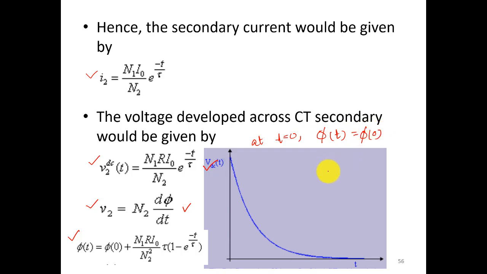By substituting this initial condition, we'll find the final equation: phi(t) equals phi naught plus N1 by N2 square R of I naught tau times 1 minus e to the power minus t by tau. So this is your flux linkage equation, and this is the flux which is in fact flowing through the core of the CT.